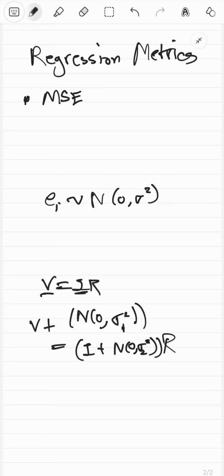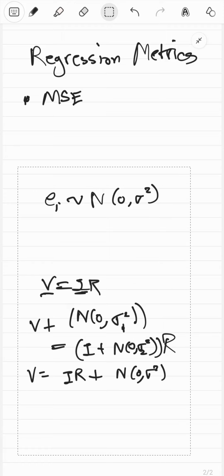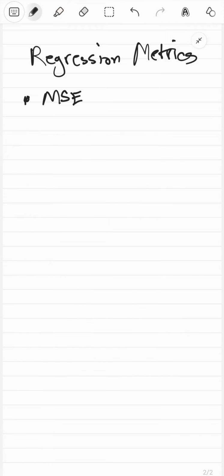So doing all of the probability stuff, what you essentially get is V equal to IR plus something that follows a normal distribution with some sigma square, and the mean is certainly 0. So that's the justification for why we assume that these errors follow the Gaussian distribution.